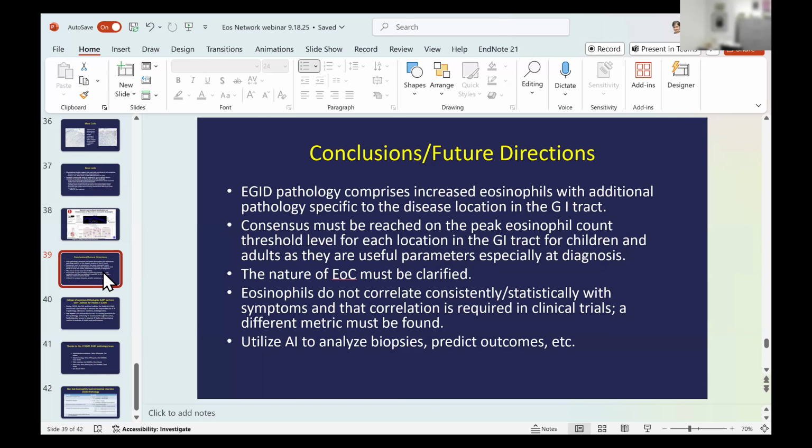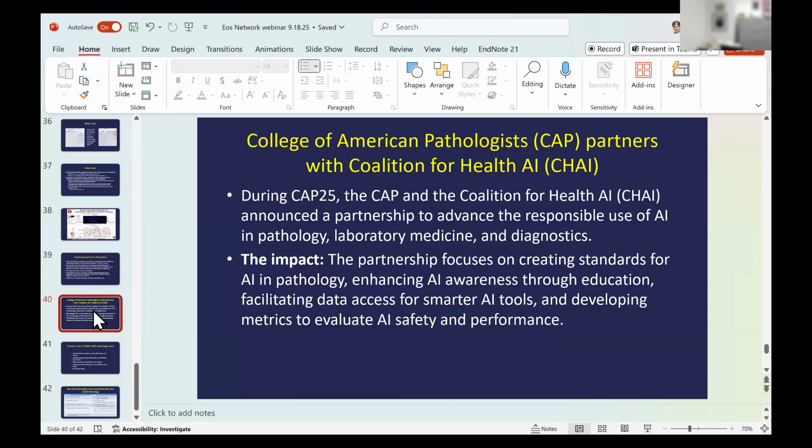We have to find out what eosinophilic colitis really is. Eosinophils don't always correlate, as we know, with symptoms, and that correlation is currently required for clinical trials. So we need to find a different metric to include in the clinical trials. And we need to utilize AI to analyze biopsies, to predict outcomes, and so on.